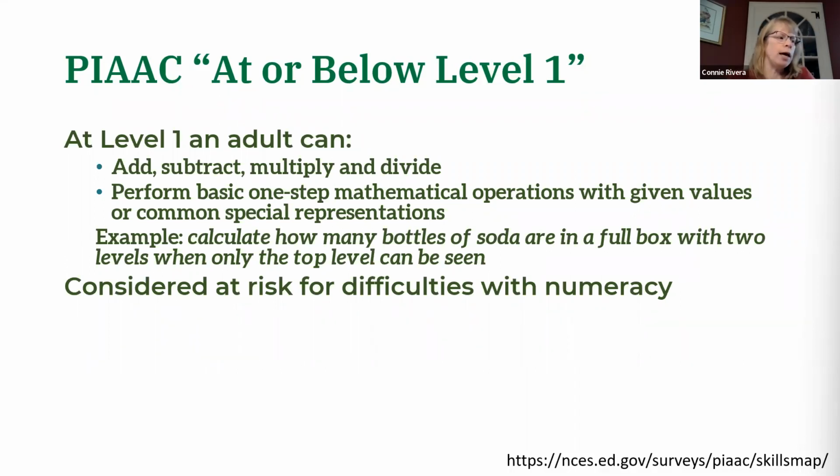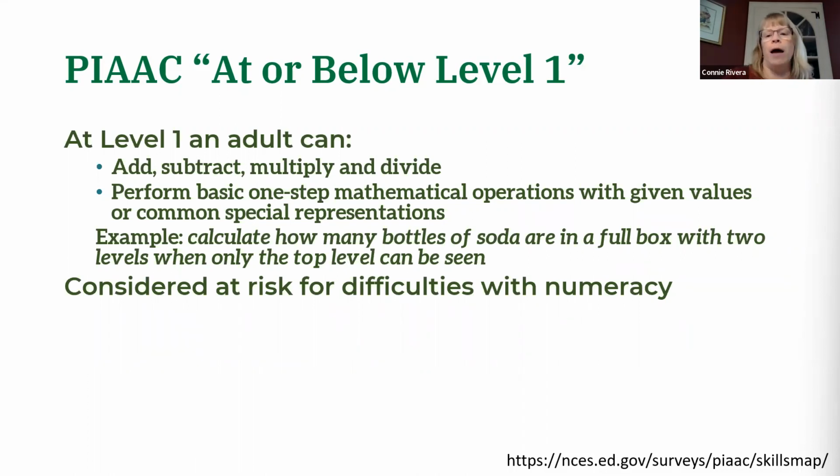At level 1, an adult, and so this is not necessarily our students but a whole wide range of adults in each country, can add, subtract, multiply, and divide, and perform basic one-step mathematical operations if they're given the values.